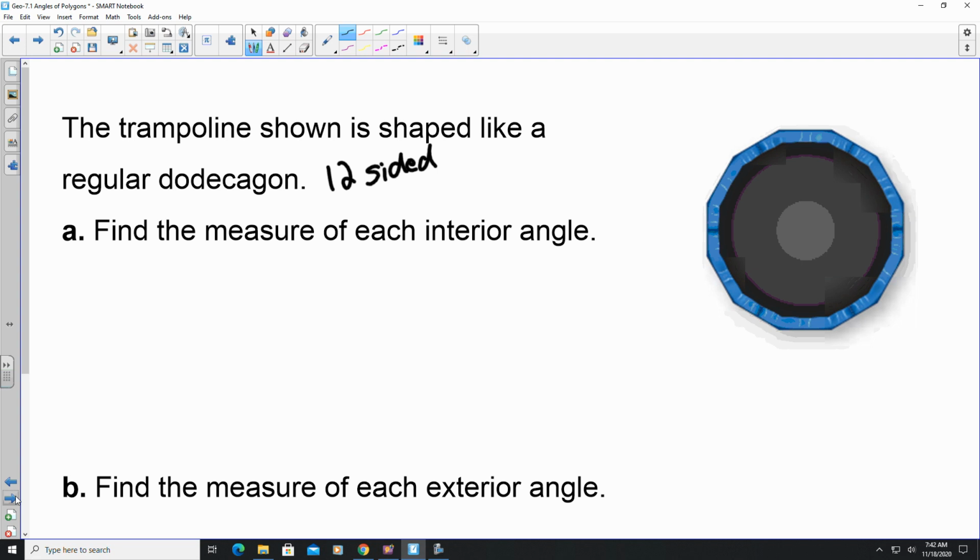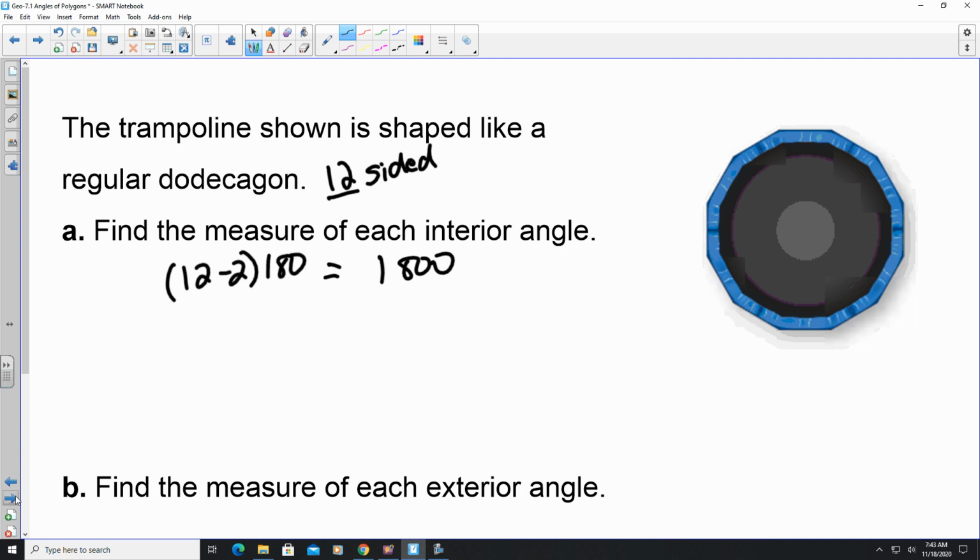In order to find all the interior angles, here's what you're going to do. Since they told you it was a 12-sided figure, you have to find the sum of all 12. You're going to take 12 minus 2 times 180, and when you get your result, it's going to be 1800 degrees.